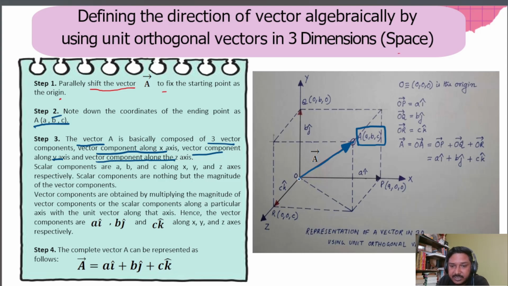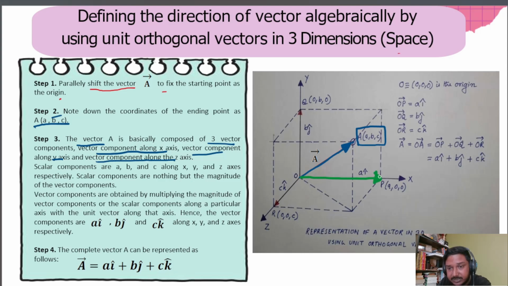If you see in the diagram, this is basically the vector component of A along x-axis. Okay, let me use a different color. So let us use say a green color. Green color, I'll be showing the vector component along x-axis. So this is the vector component of the vector along x-axis.